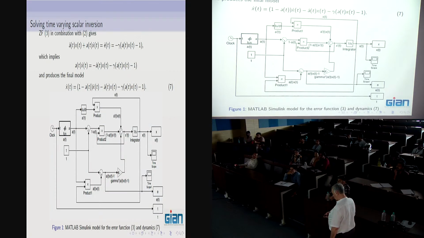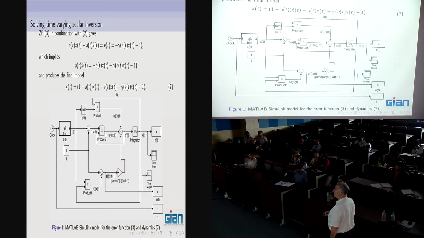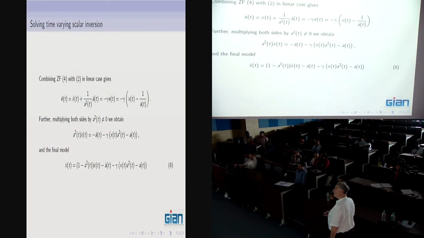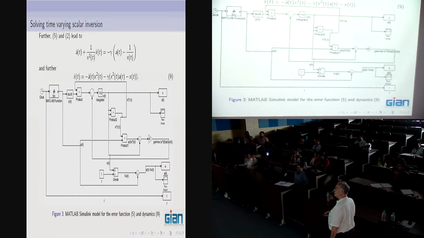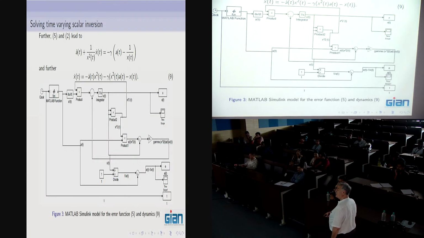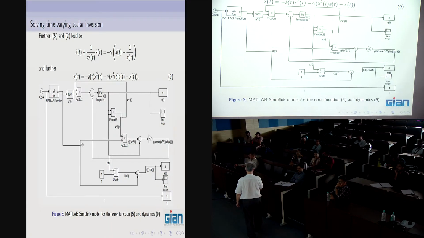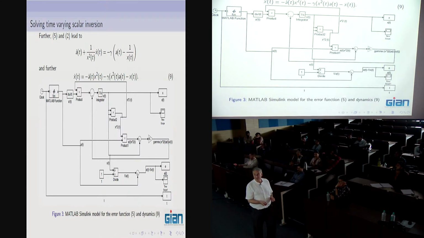Then, according to the error function, we will define ZNN models. Here are presented ZNN models and corresponding Simulink implementations. My idea was to analyze at least 3 cases.